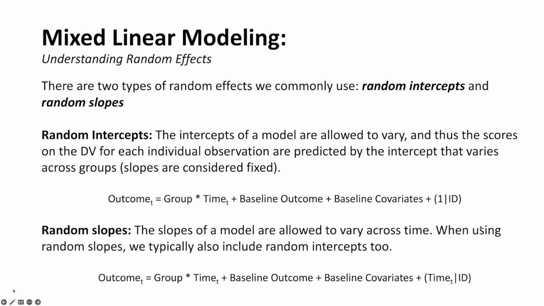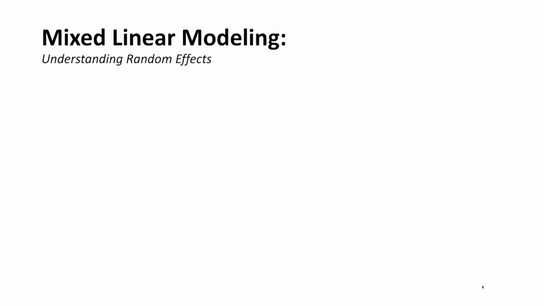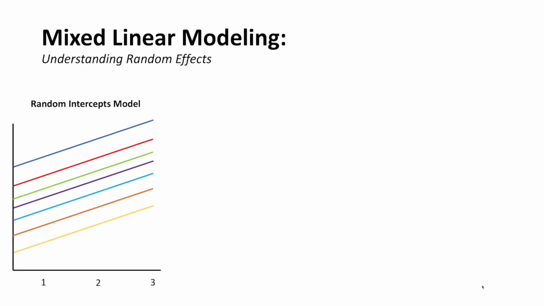Importantly, for an RCT, we most commonly use random intercepts only. We don't typically use random slopes as well, and we'll talk a little bit more about why that is in our practical.